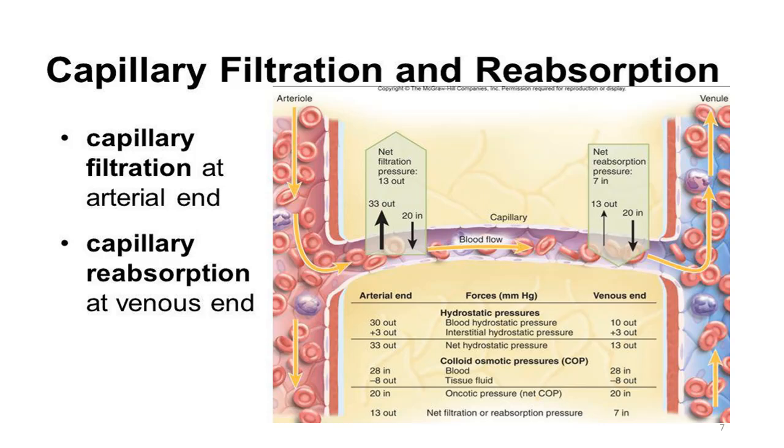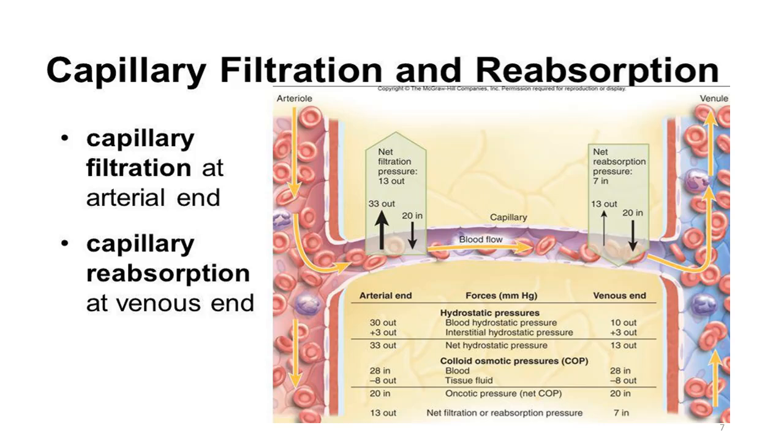So only in 1/3 of the capillary's length we have 30 millimeter mercury, and in the other 2/3 of the capillary's length we have 10 millimeter of mercury. And because of that, we can see these differences in pressures that can push the blood outside of the capillary or absorb the fluids from the interstitial fluid into the capillary.